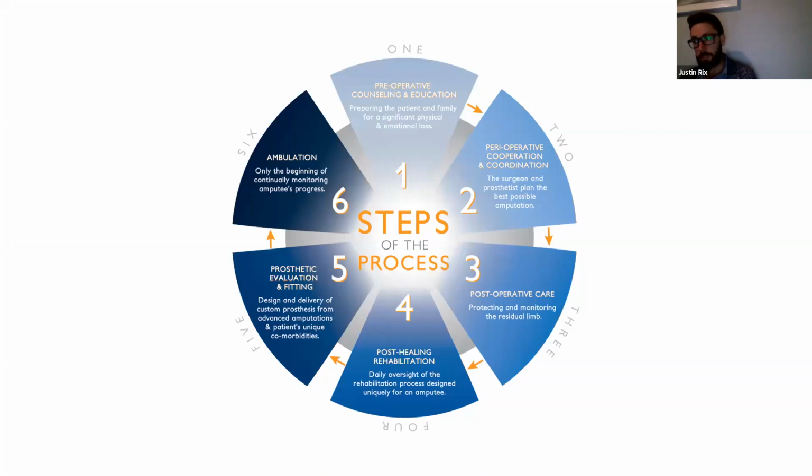Step 3 is our post-operative care. This is where we're looking at protecting and monitoring the residual limb, with rigid dressings or soft dressings, as well as positioning in the bed to prevent infection and contractures, as well as bedside assistance and care to prevent falls. Step 4 is post-healing rehabilitation.